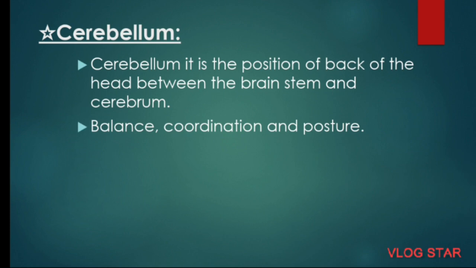It controls balance, movement and coordination, how your muscles work together. Because of your cerebellum, you can stand upright and keep your balance and move around. So all these functions are carried out by the cerebellum.